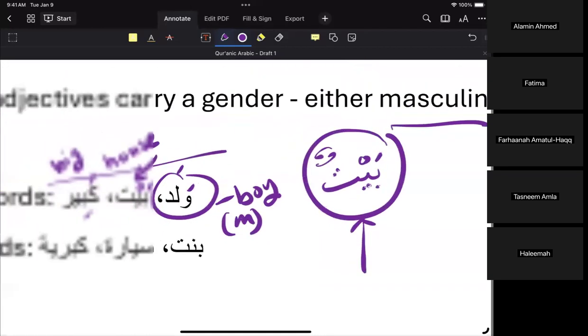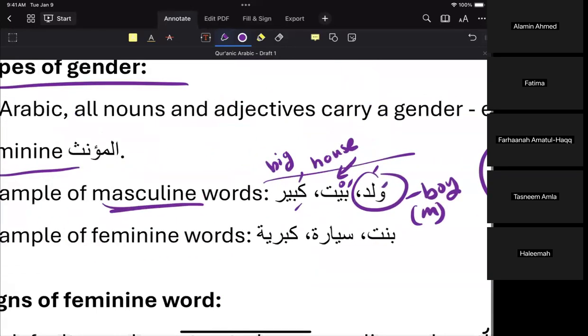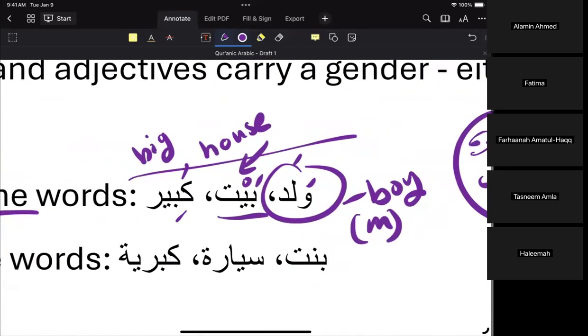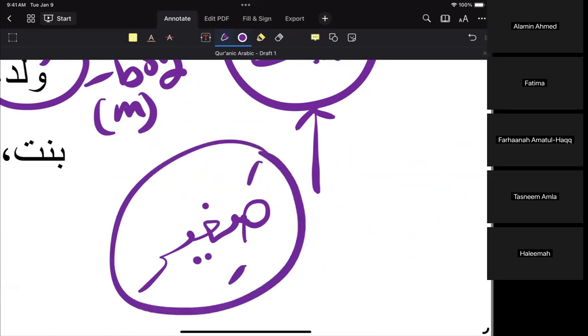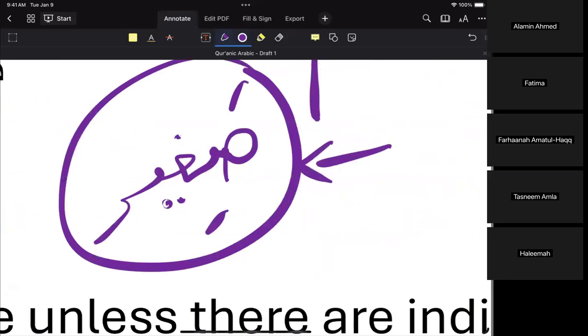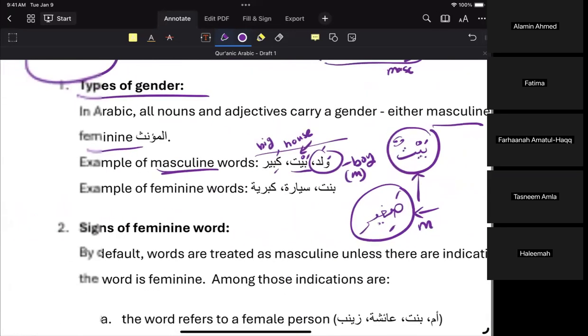So for example, here are some examples of masculine: bait is a masculine word, and kabir is big, or sagir, small. What does small have to do with masculine or feminine? Nothing. But the question is whether this word itself is masculine or feminine. We say this is masculine.